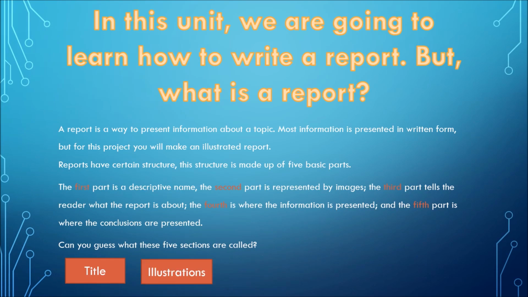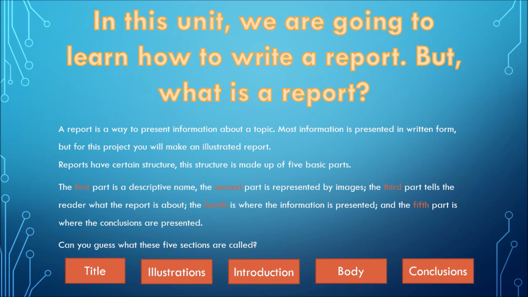In the last video we learned that a report is a way to present information about a topic, and that a report has 5 parts. The first part is a descriptive name, which is the title. The second part is represented by images, which are the illustrations. The third part tells the reader what the report is about.